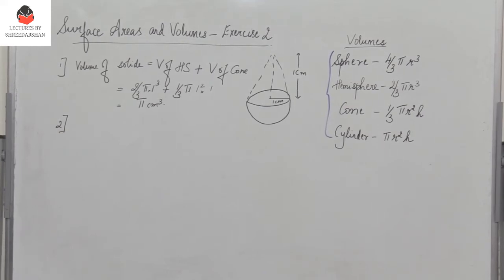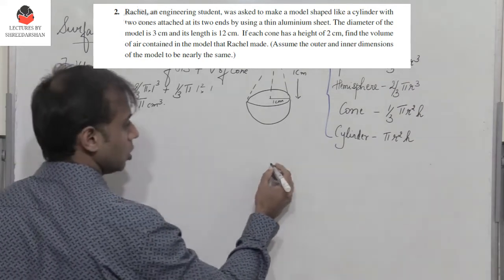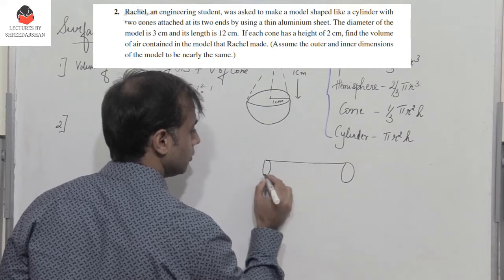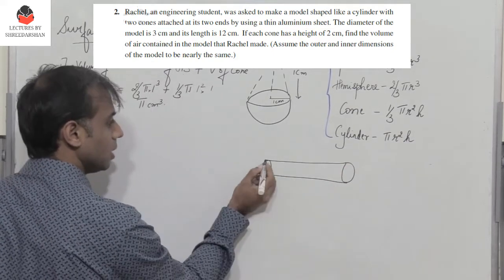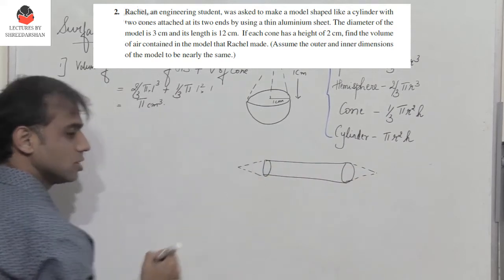A model which is nothing but a cylinder with two cones attached to its ends is made of an aluminum sheet. The diameter of the model is 3 centimeters and the length is 12 centimeters. So what has been given? There's a model in the form of a cylinder, and you have two cones on either side.